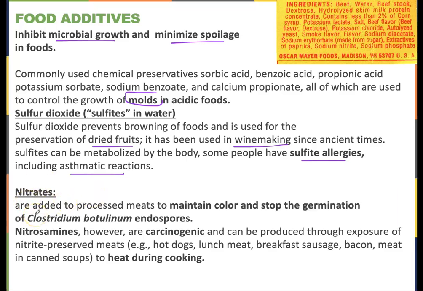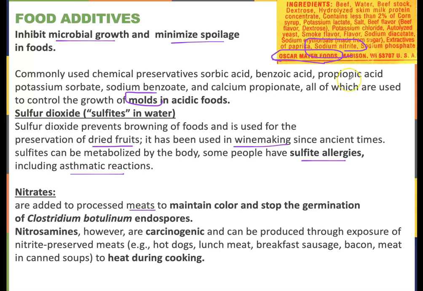Nitrates are added to meats predominantly to maintain color and stop the germination of Clostridium botulinum. Remember this guy? This one caused botulism. And this guy here, Oscar Mayer, some kind of bologna or preserved meat. Look at here, sodium nitrate, right?